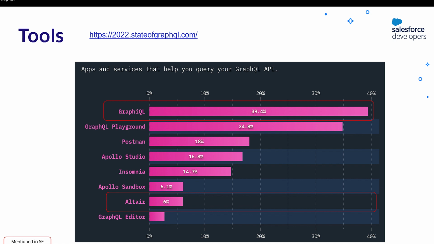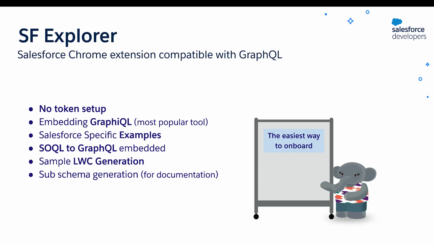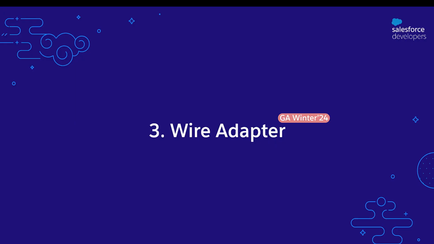It's embedding GraphQL, which is open source. It's bringing specific examples. You have some capability to transform your SOQL to GraphQL. Then you will be able to generate the sample LWC that you want, and so on. So as Ruth would say, it's the easiest way to onboard, and we'll see that in a demo.